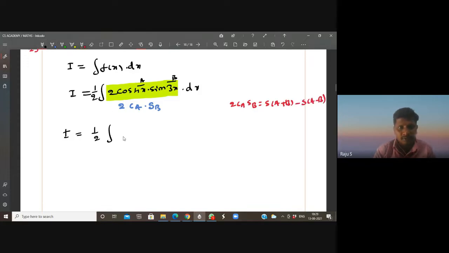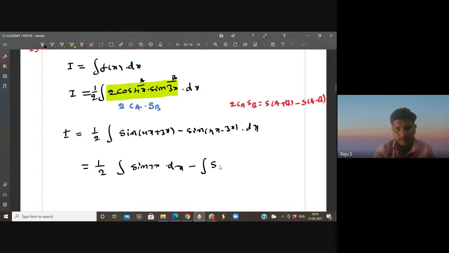Remember, with the help of this, it can be written as 1 by 2 times of integral of sine of 4x plus 3x minus sine of 4x minus 3x into dx. This is sine 7x dx minus integral sine x dx.